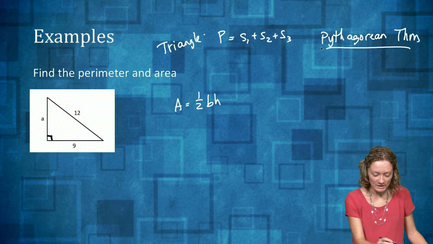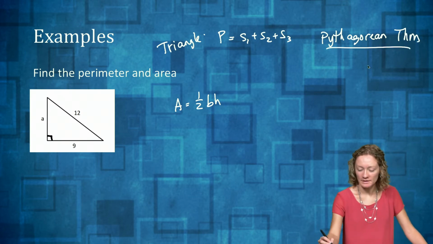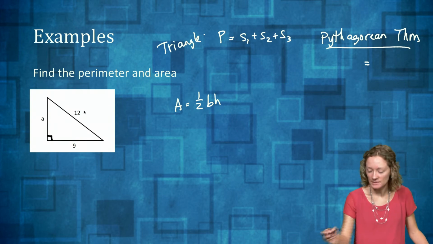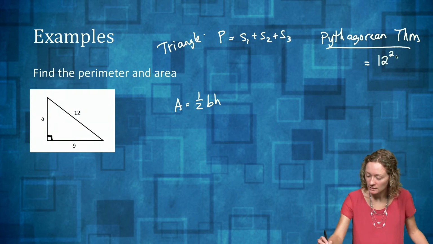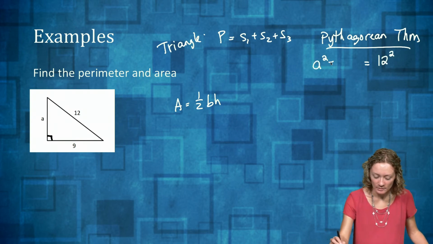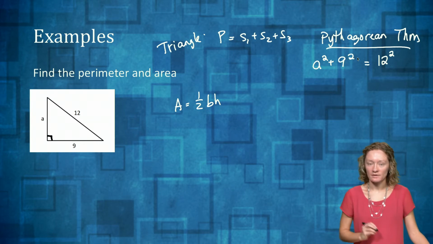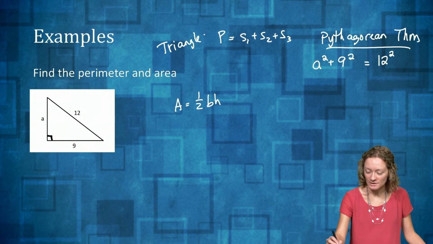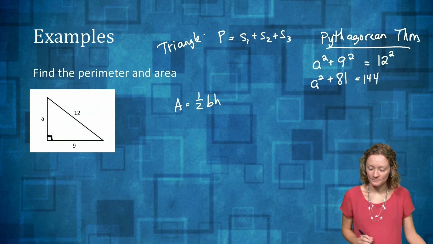Okay, so A squared plus B squared equals C squared. Let's plug in the most important piece, which is the C. Which is the C? Looking at the picture, the longest side is the 12. So 12 squared equals A squared plus 9 squared. Okay, a little bit of algebra in this class. Here's what we have to solve. 9 squared, you can do in the calculator or in your head, it's up to you, is 81. 12 squared is 144.